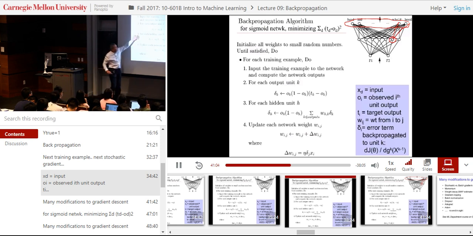And then once we have those, we just do the gradient update. For each weight from unit i to unit j, we take the old one and add in, again, our derivative. We don't have a minus sign here just because the delta has the minus sign built into it. Okay, so it's the same thing.